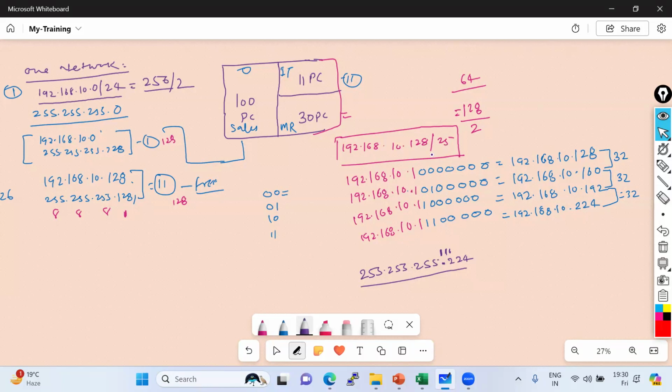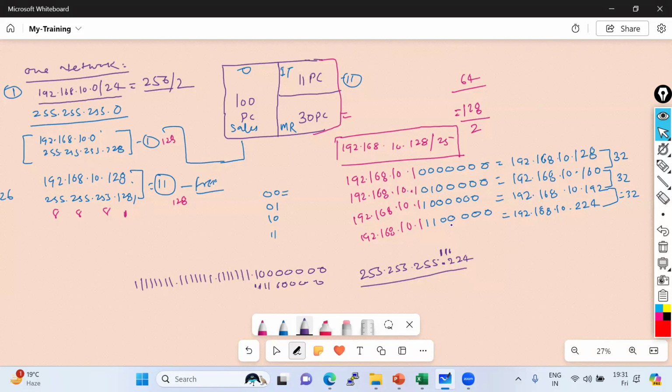Earlier subnet mask was /25, and then we borrowed 2. This one was the original subnet mask, and then we took 2. So just add this, and this is your new subnet mask. So this is going to be 224, and this is how you can do that.